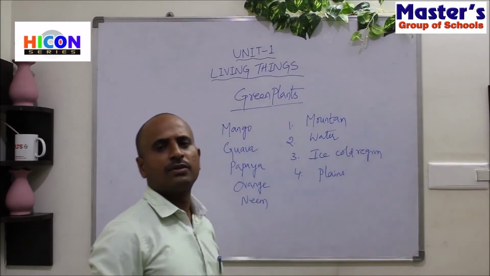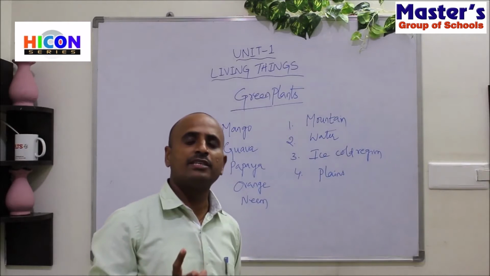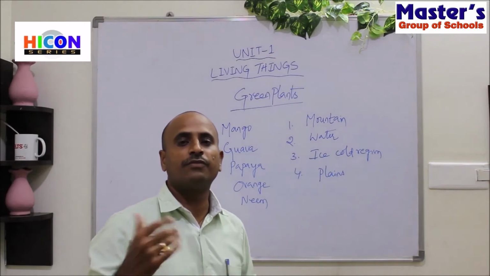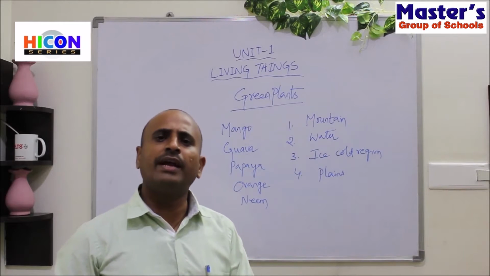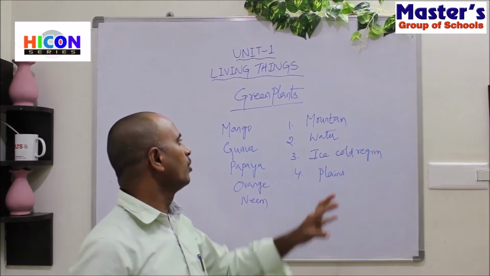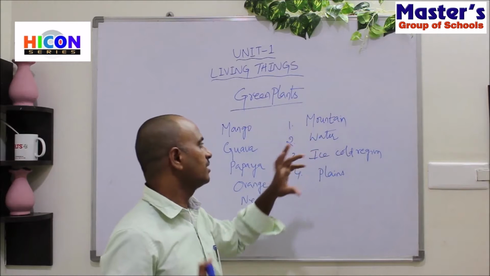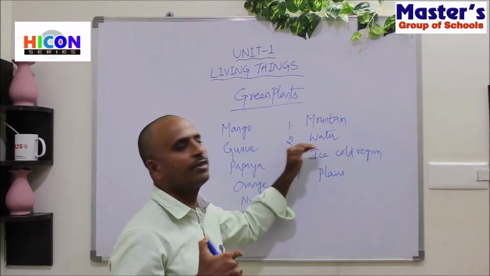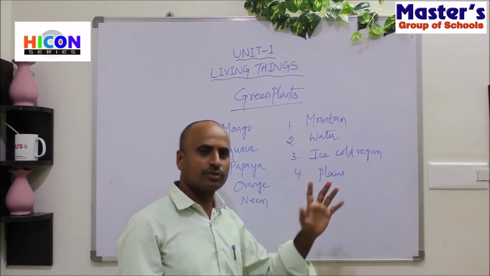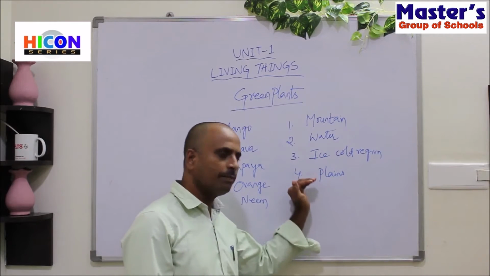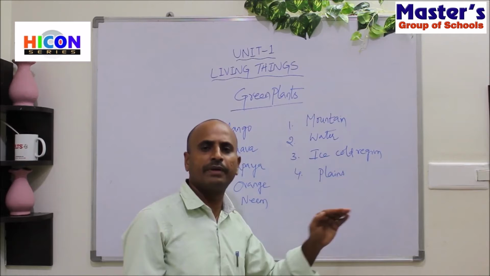We observe that different types of plants grow in different types of regions throughout the world, and some plants grow especially in mountains, water, ice cold regions, or plain areas.